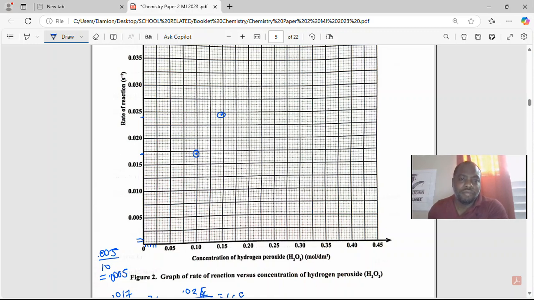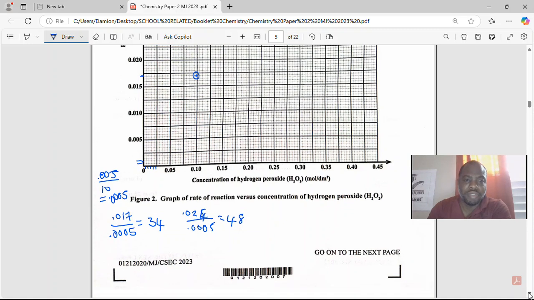So again, whenever you get, and this is something maybe physics students would know, once you do physics, sometimes we're better able to deal with graphs because it requires you to do a lot of graphs.